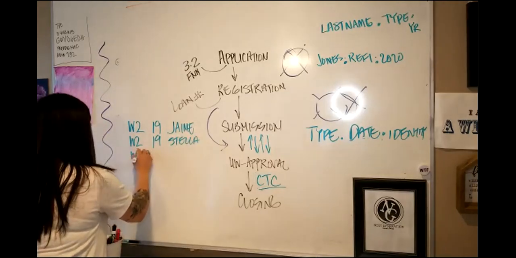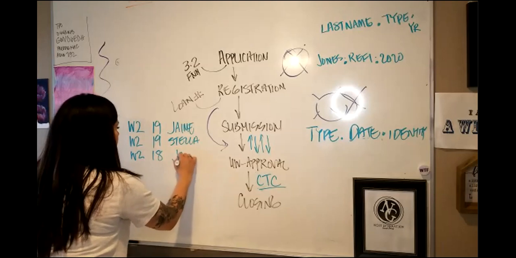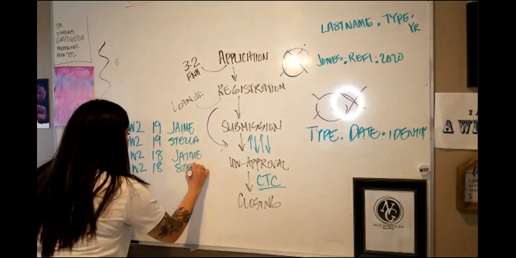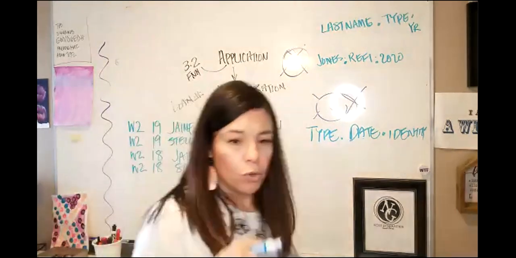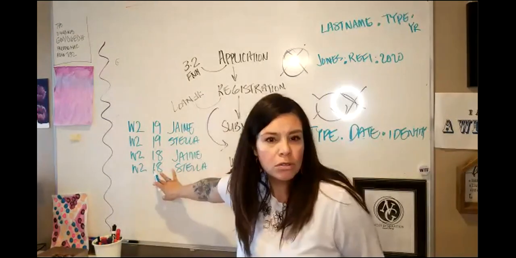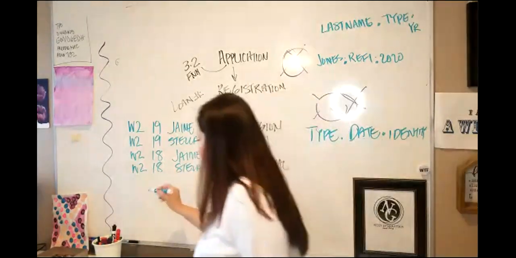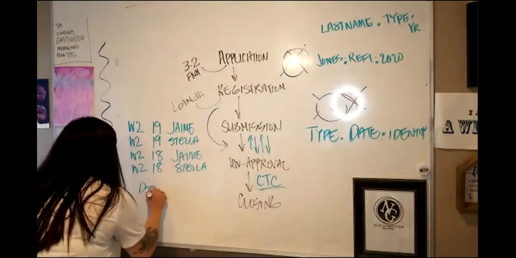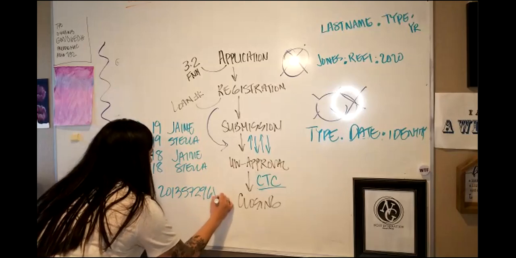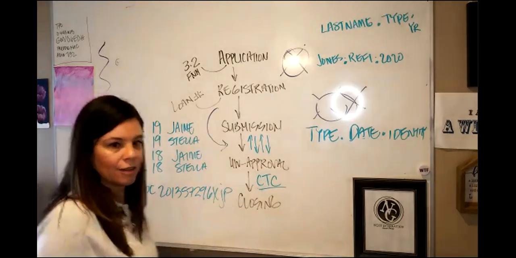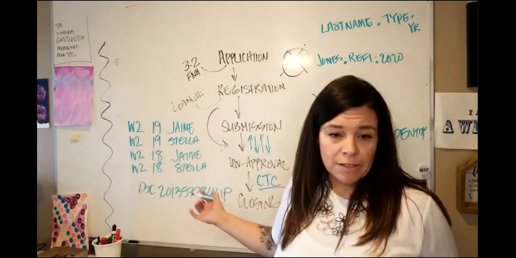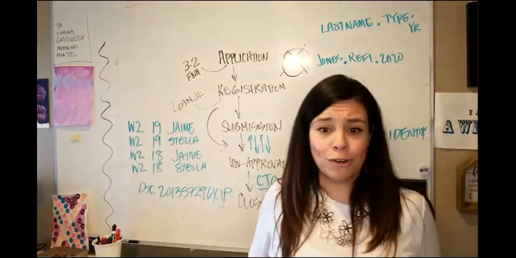Okay, and then W-2 18 Jaime, and W-2 18 Stella. Because when you go to do your conditions or your submissions and it just says W-2, or it just says doc 201357296XJP, you have no idea what that document is. And you're going to spend all this time opening all the documents. So when you receive the documents, you've got to organize your file.